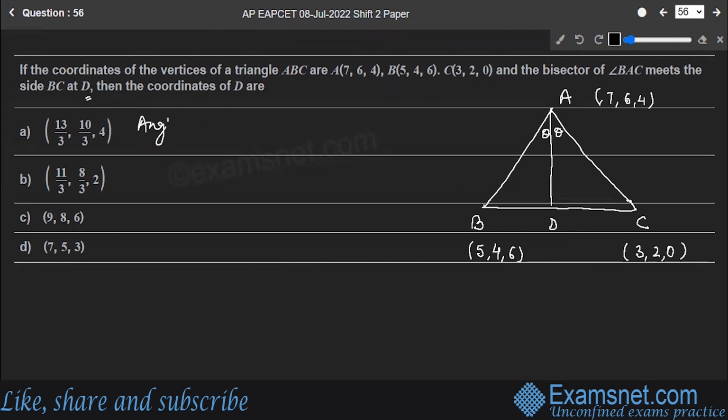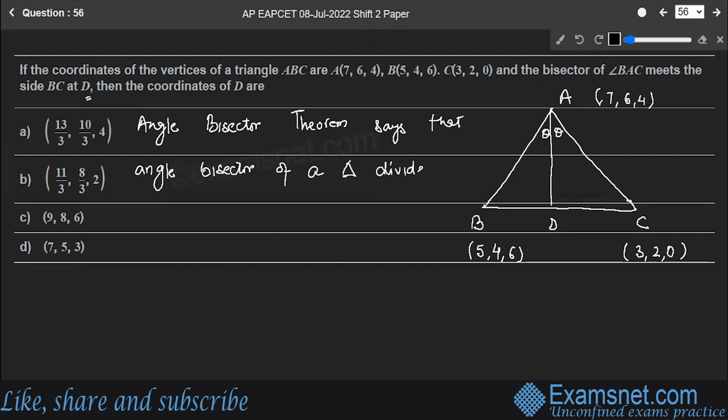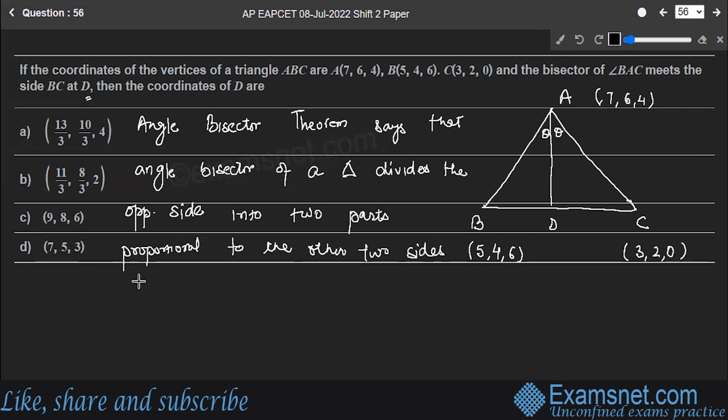The angle bisector theorem says that the angle bisector of a triangle divides the opposite side into two parts proportional to the other two sides of the triangle.